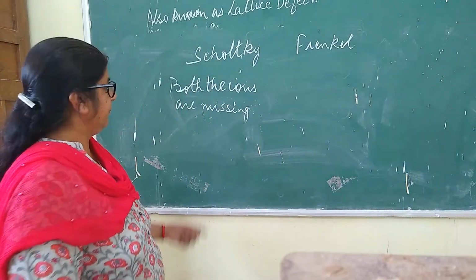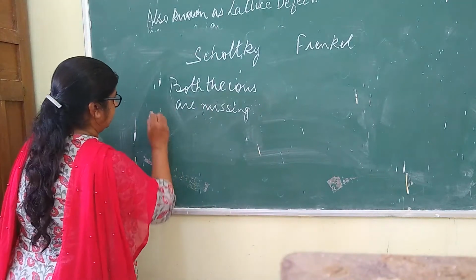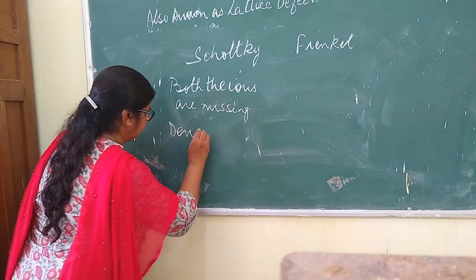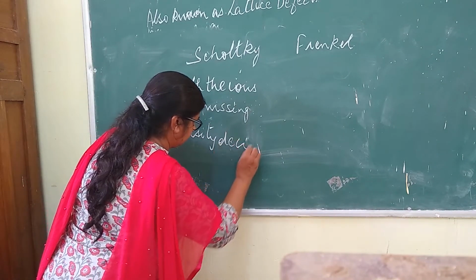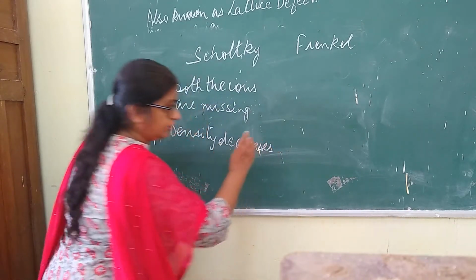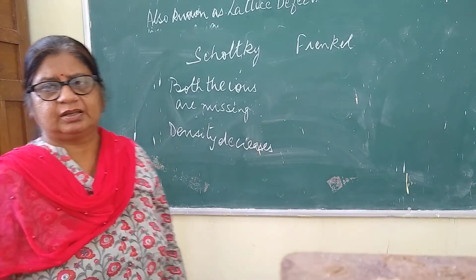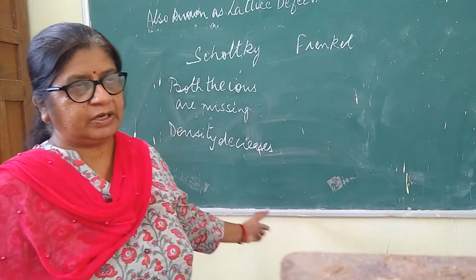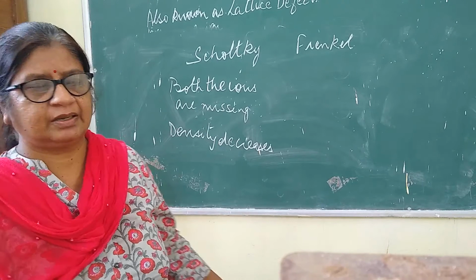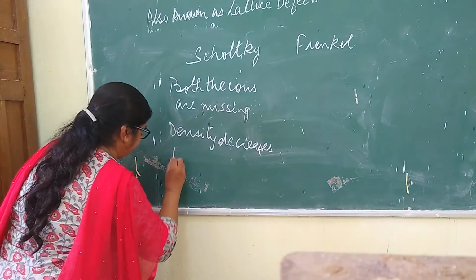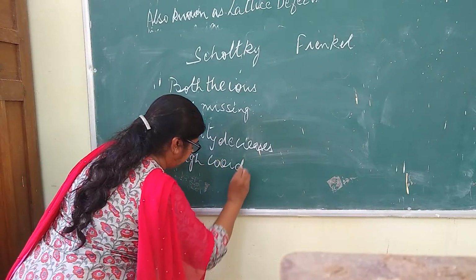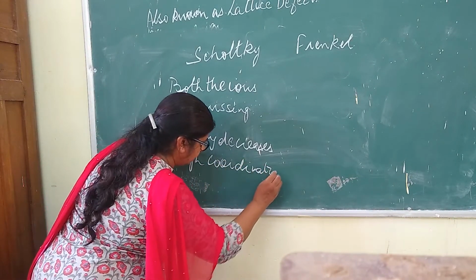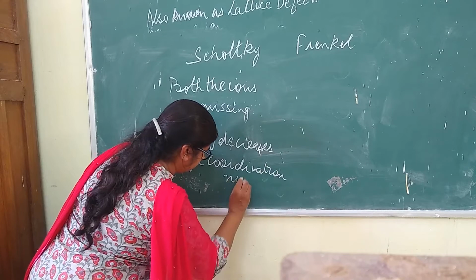The density in this Schottky defect decreases. And Schottky defect is seen in the compounds having high coordination number.